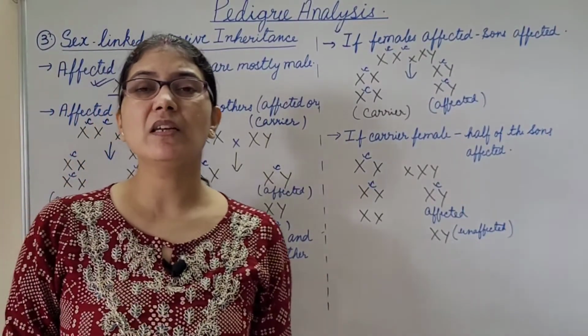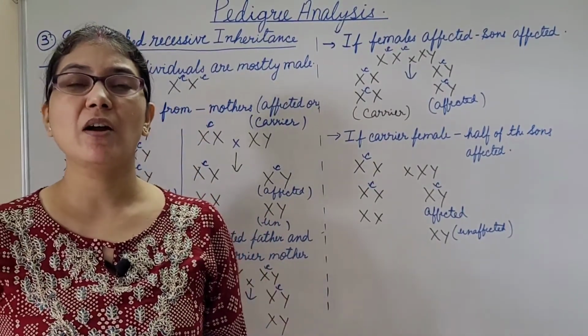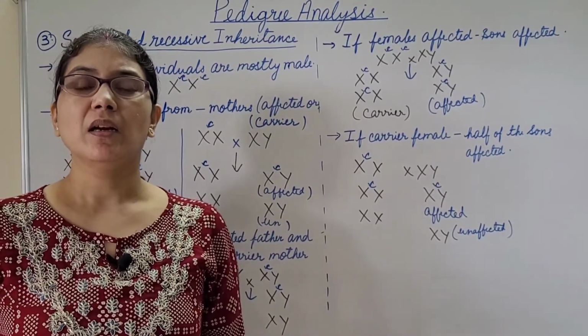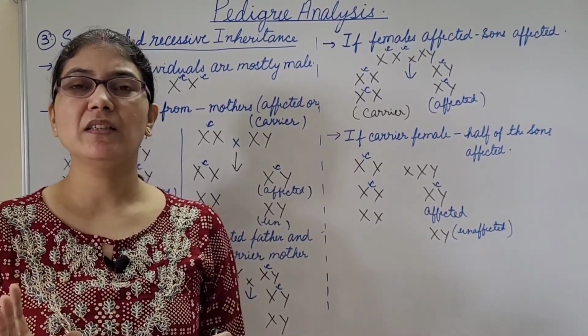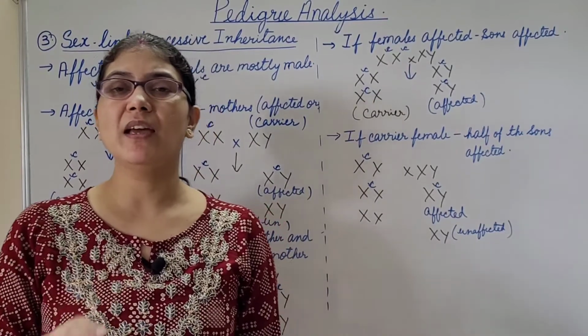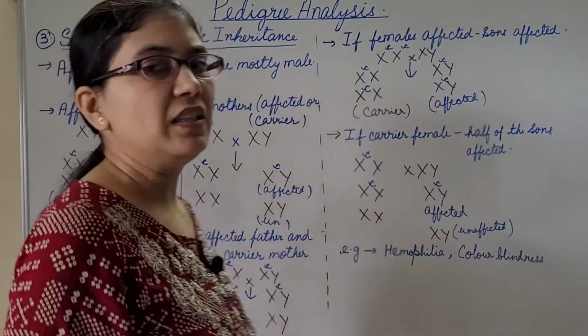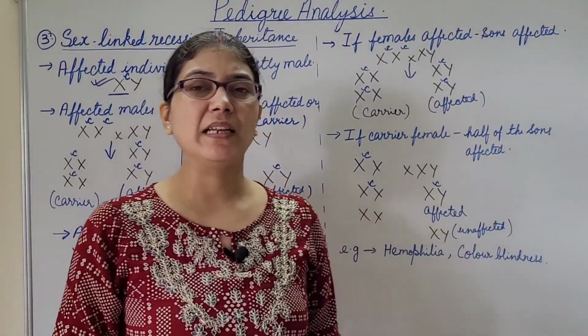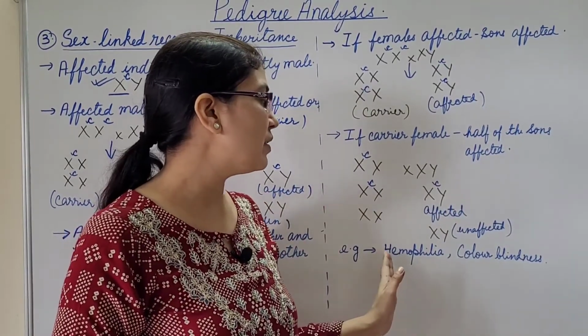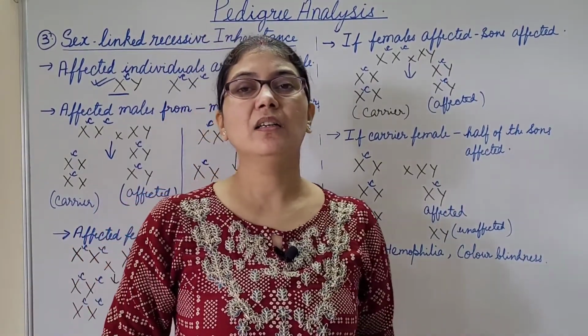So seeing this type of inheritance in the pedigree chart, we can conclude that it is the inheritance of the X-linked recessive gene. Examples of sex-linked recessive inheritance are hemophilia and color blindness.